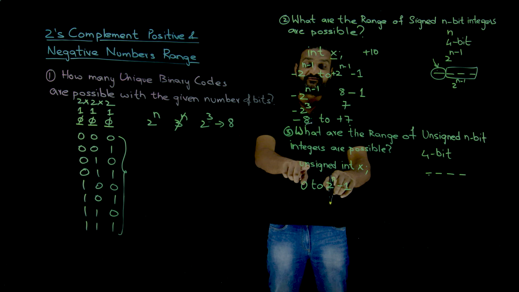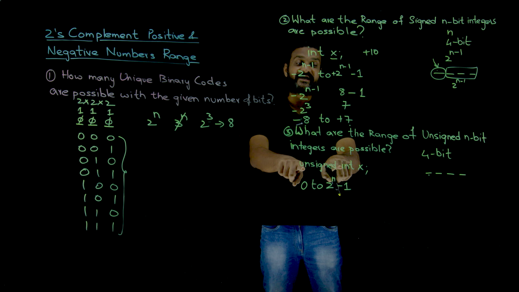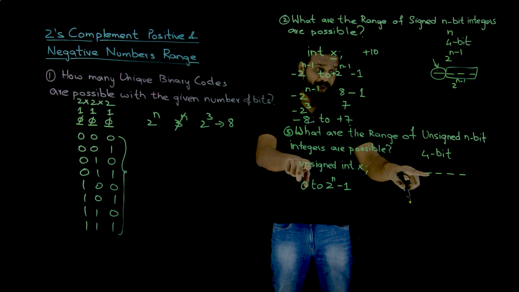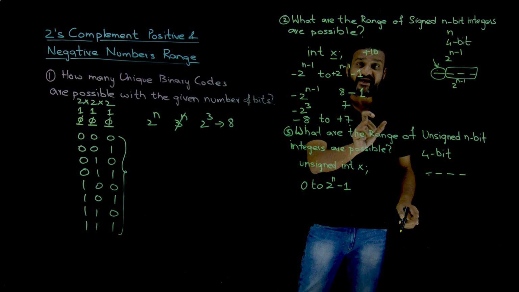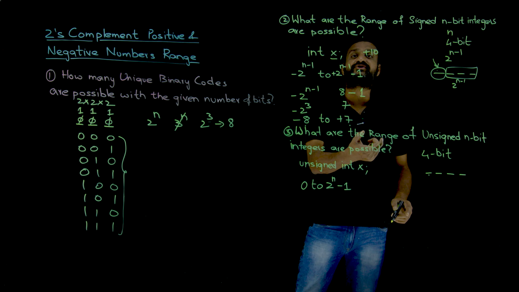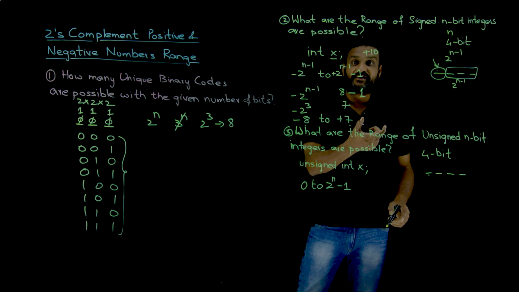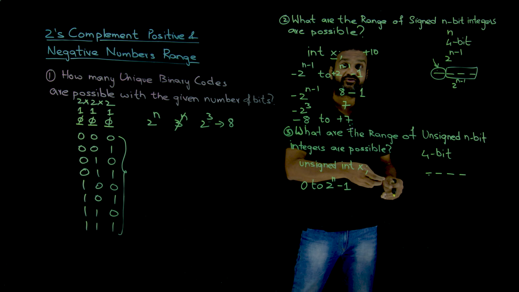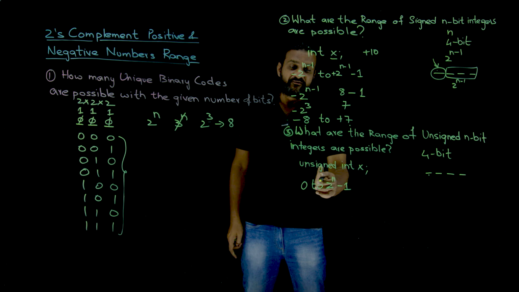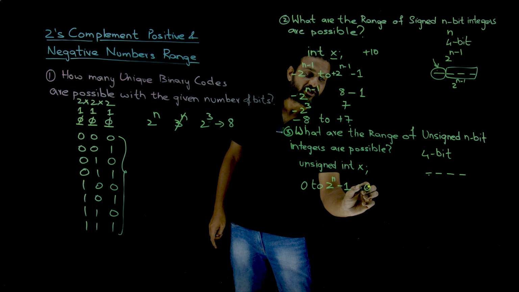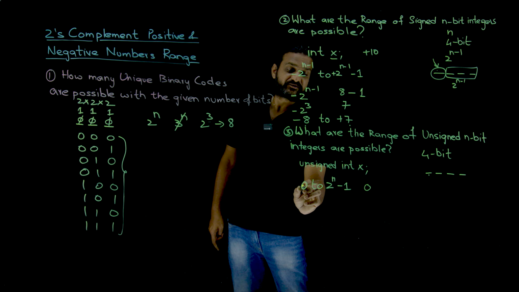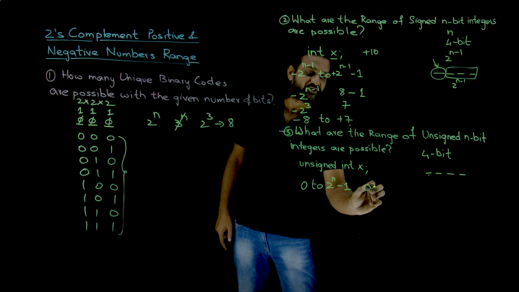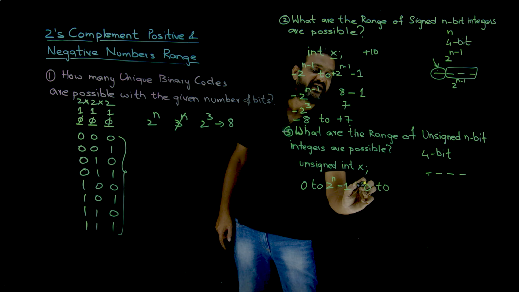If the variable is declared as unsigned int, we take all 4 bits for magnitude. There is no need for us to represent sign. For this reason, we get a greater range of numbers. Because this is a positive number representation, it starts from 0 and ends at 2 power n minus 1.